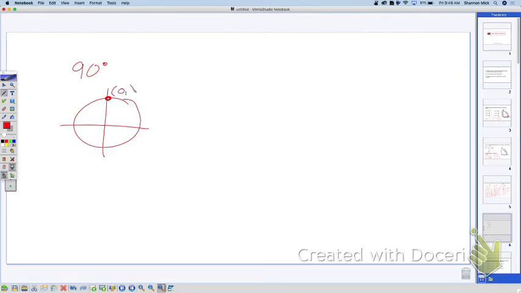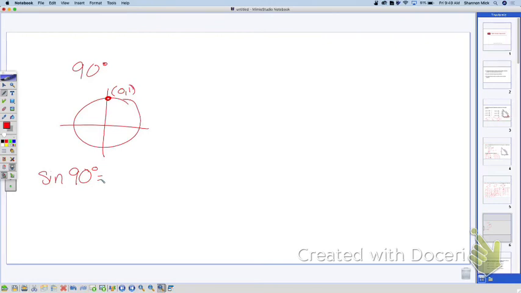Here is where we need to remember the x, y definition. So sine is what? Opposite over hypotenuse? No, the x, y definition doesn't have an opposite. It's y over r.